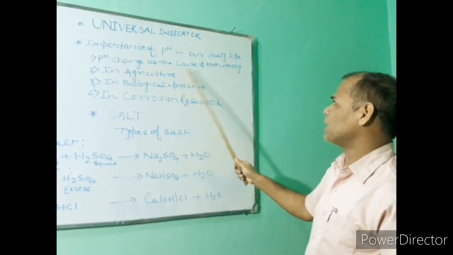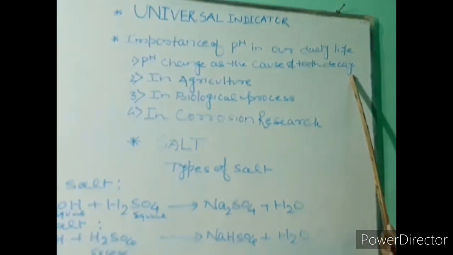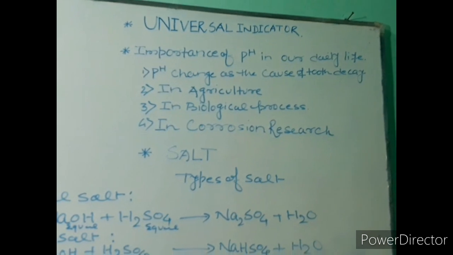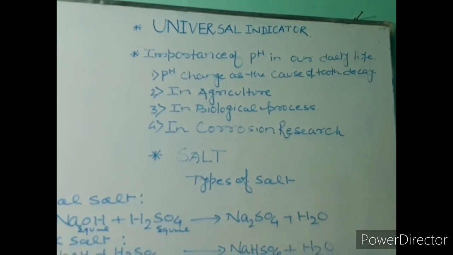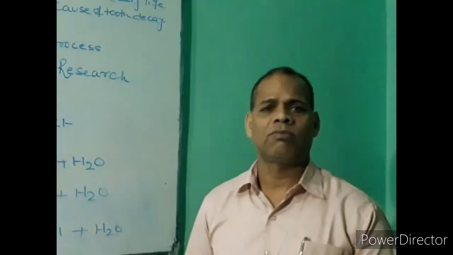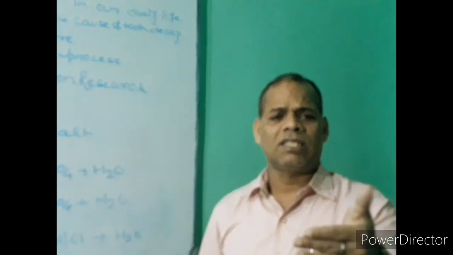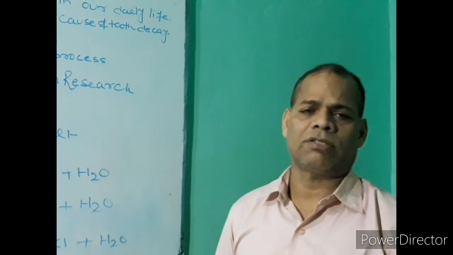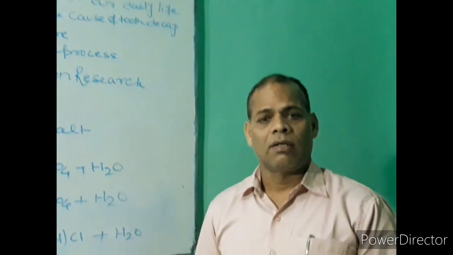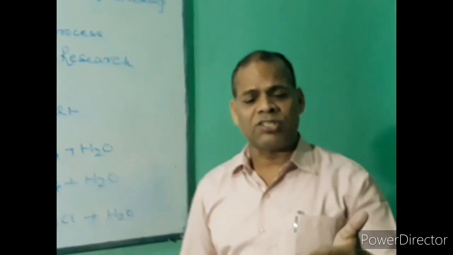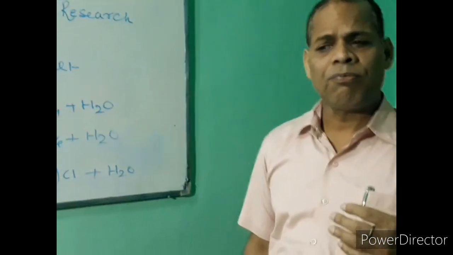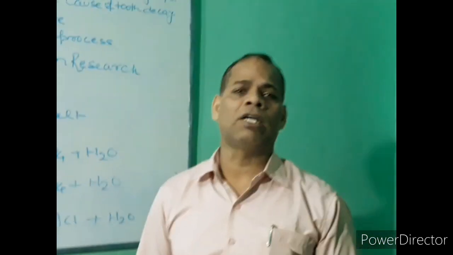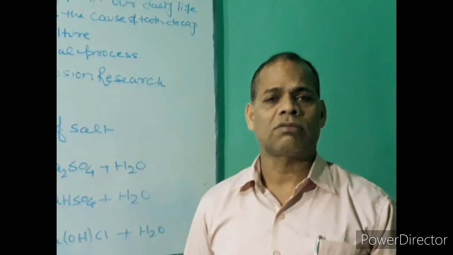pH change is a cause of tooth decay. As we know, the pH of our saliva ranges from 6.5 to 7.5, so basically it is slightly basic in nature. But what happens when we eat and do not clean properly afterwards?